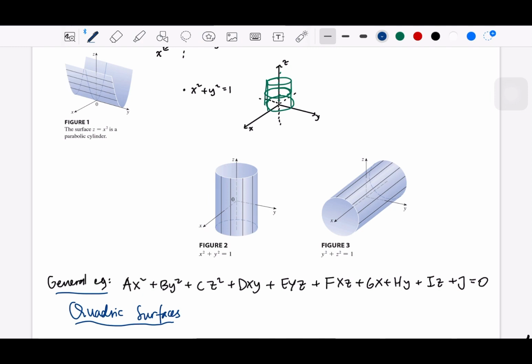Now we are going to combine them all together. So we can combine a parabola with an ellipse. Imagine you have a parabola, but then you have an ellipse here that is limiting the upper or lower side of the parabola, and you will have a new shape. And we are going to identify all those shapes within these sections.